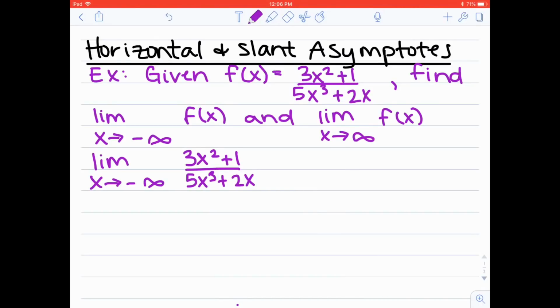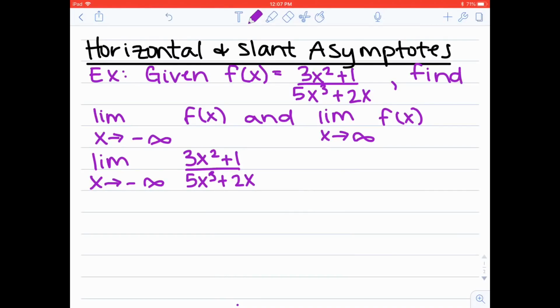If you're taking 3x squared plus 1 and plugging infinity in for that x, that plus 1 is not going to do a whole lot when you're doing 3 times infinity squared. So we're going to ignore that one. On the bottom, if you have an x to the third and an x, the x to the third is definitely going to win. X to the third is going to be much bigger when you repeatedly work with infinity. So these two are kind of ignored.